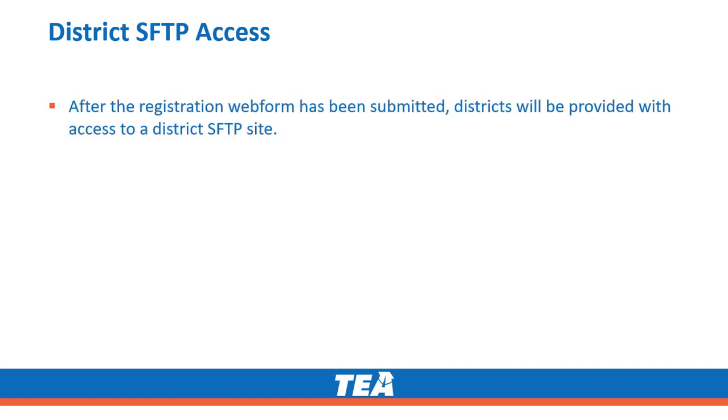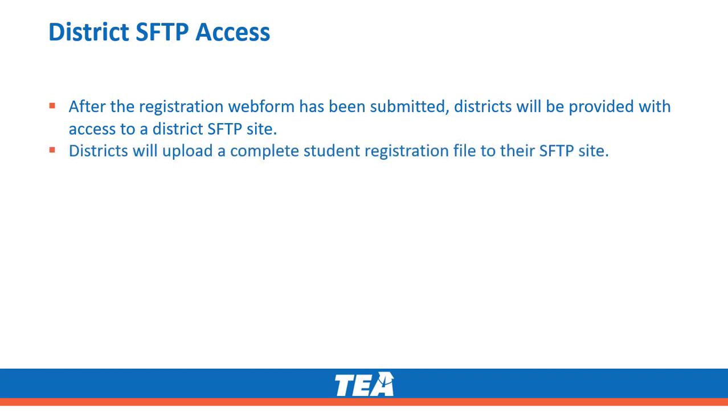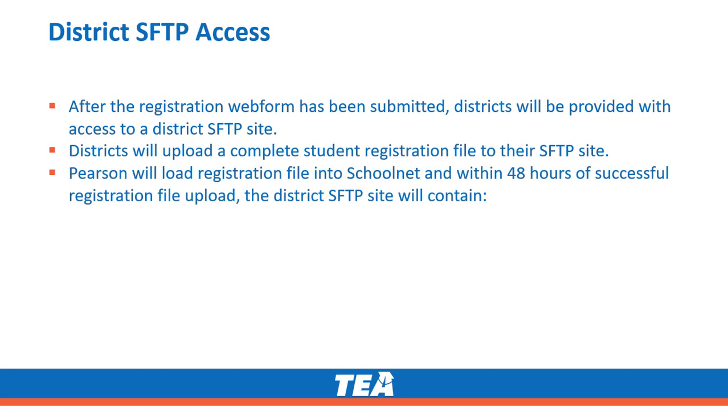District Secure File Transfer Protocol, or SFTP access. After the registration web form has been submitted, districts will be provided with access to a district SFTP site. Districts will upload a complete student registration file to their SFTP site.